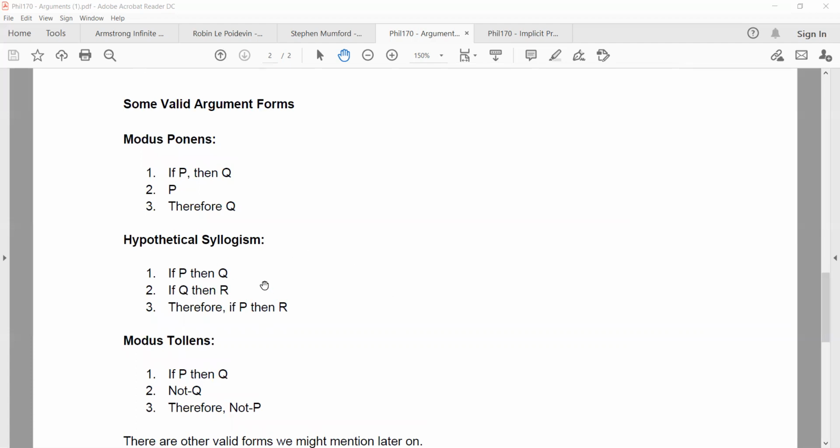That will be an example. For example, P will be here if Moises has to teach. Q will be here, then Moises doesn't have spare time. R will be here, Moises can't read poetry. So what this is saying is if Moises has to teach, then Moises doesn't have spare time. If Moises doesn't have spare time, then Moises can't read poetry. Therefore, if Moises has to teach, then Moises can't read poetry.